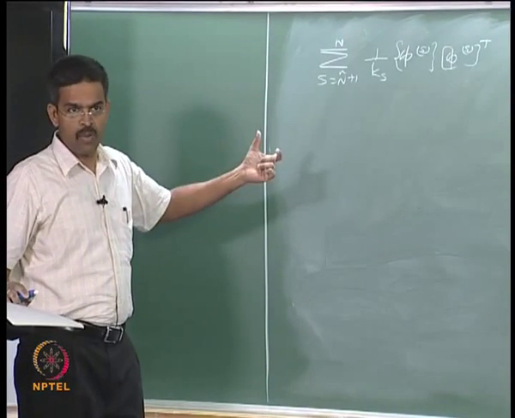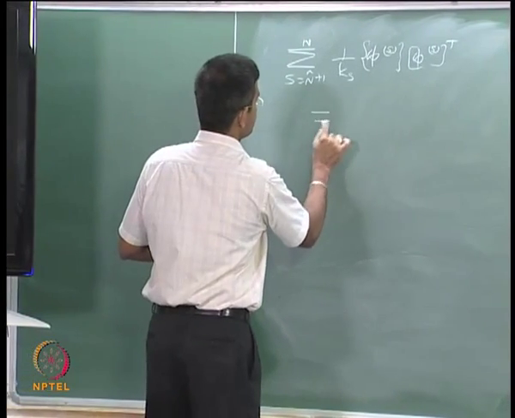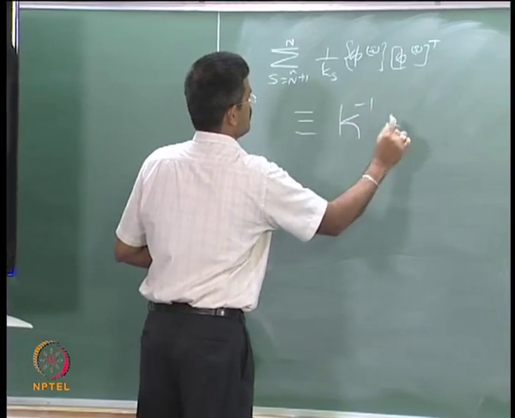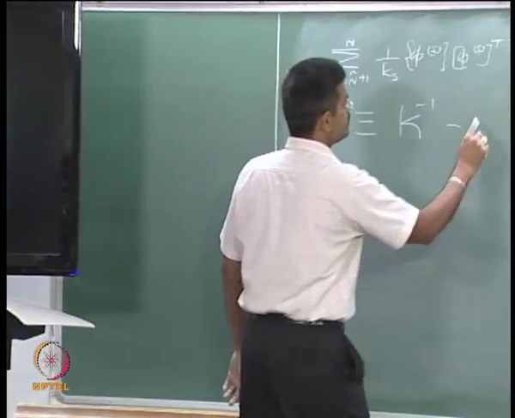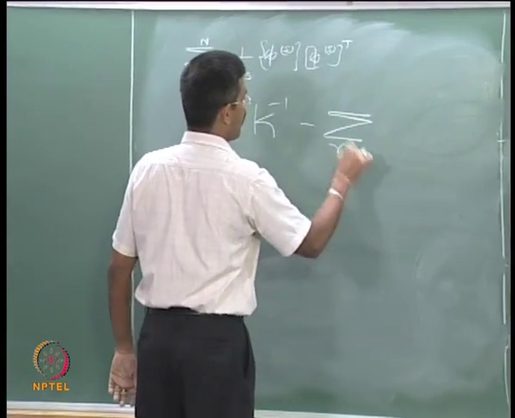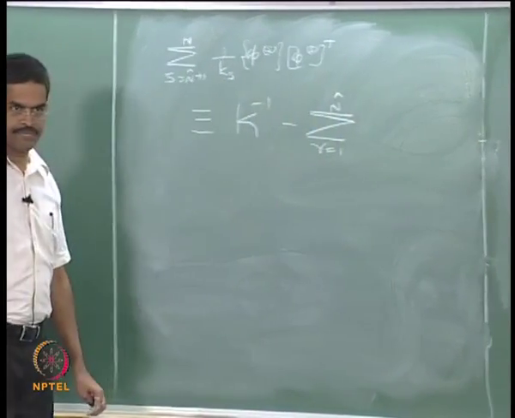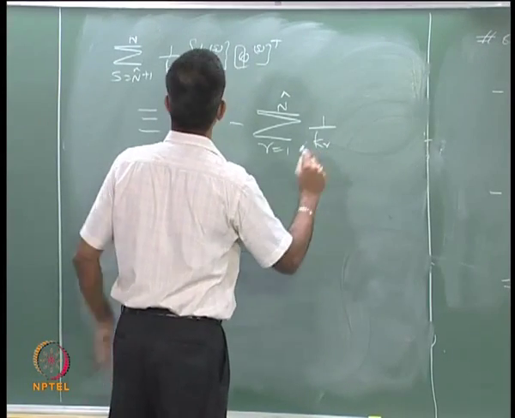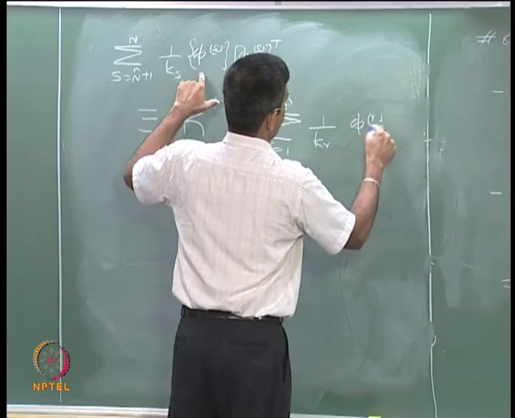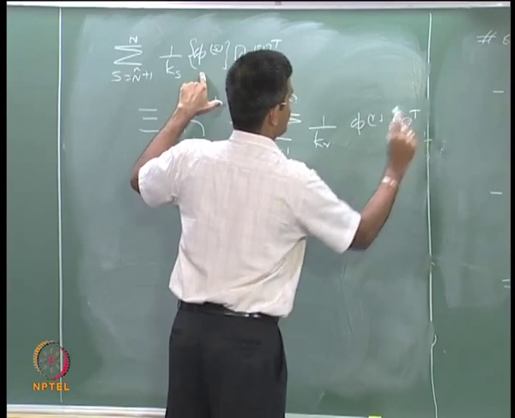I can rewrite this equation as K inverse minus summation of terms from r to n hat, 1 by k r phi r phi r transpose.